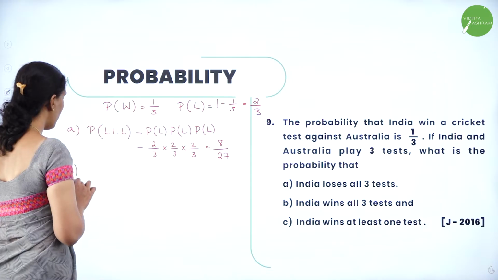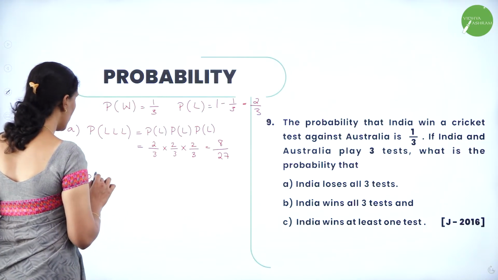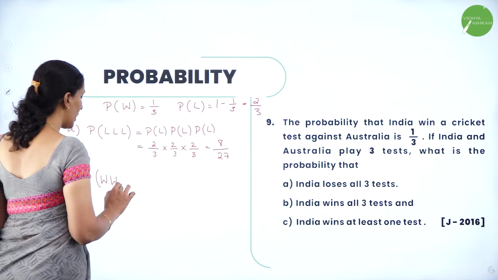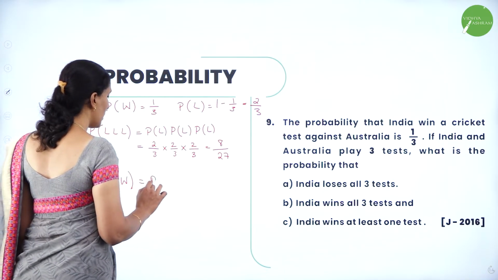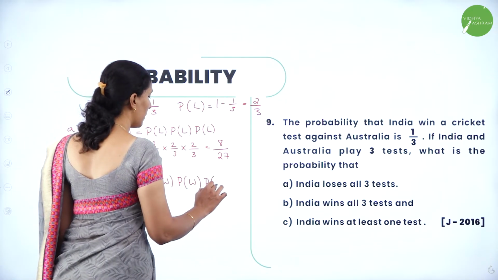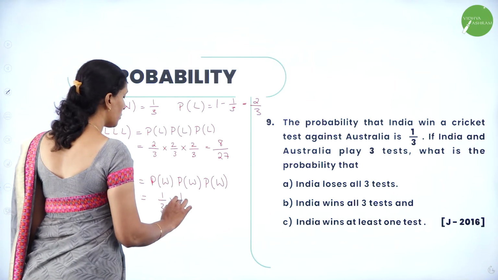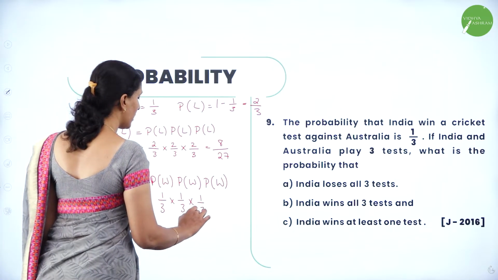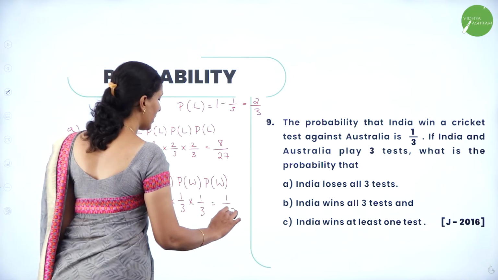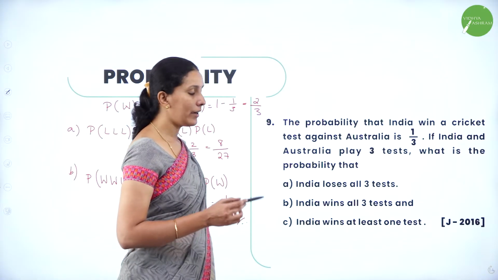Next, the probability that India will win all the 3 matches: P of W, P of W, P of W. So we have 1 by 3 into 1 by 3 into 1 by 3, whose value is 1 by 27. Next, they say India will win at least 1 test match.